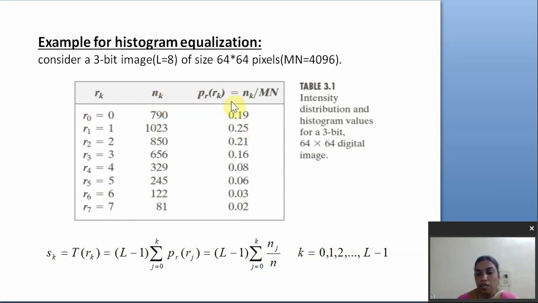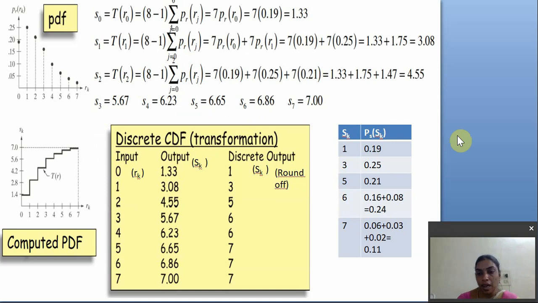The second method is based on p_r of r_k versus r_k. Observe the graph between p_r of r_k versus r_k. It is also called the probability density function. It is the input image histogram, or probability density function of the input image.